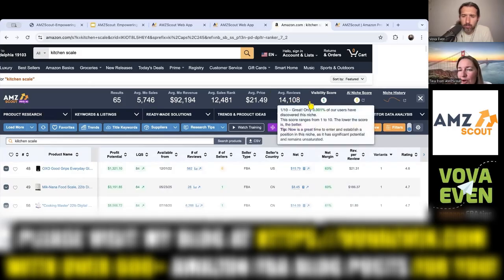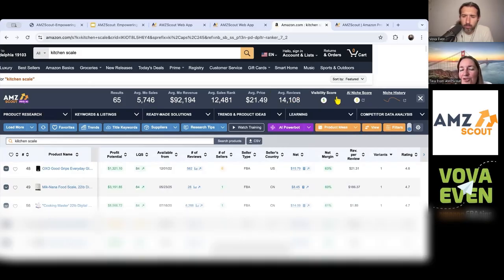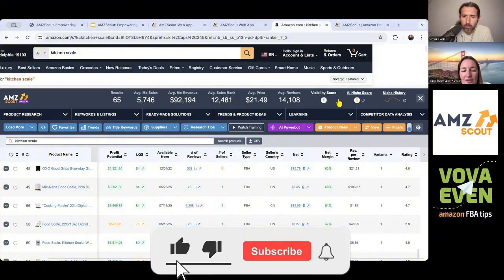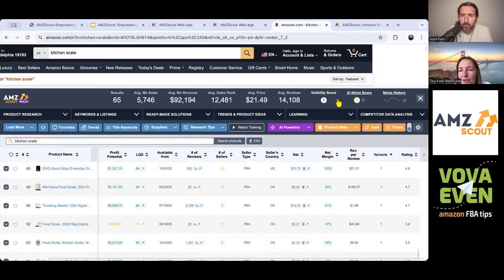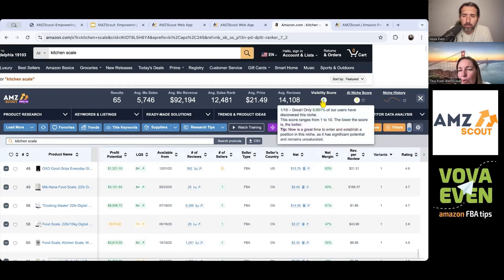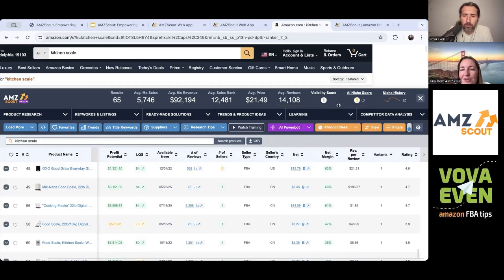The visibility score, this is our own metric that shows that not a lot of sellers in our database have found and analyzed this niche. So it's really good to have score 1, 2, 3. It means a really low percentage of our users are looking into the kitchen scales.